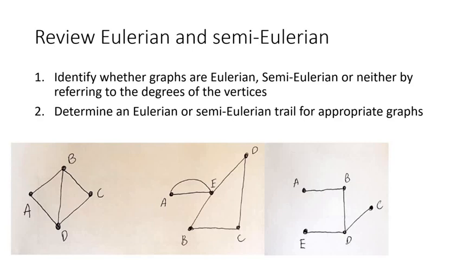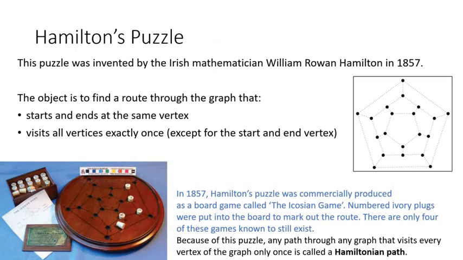Guys, we're going to talk about a big nerd called Hamilton. He was Irish in the 1800s. He invented this puzzle game where it looks like that. And basically, you have these pegs, and it's kind of the opposite of Eulerian.